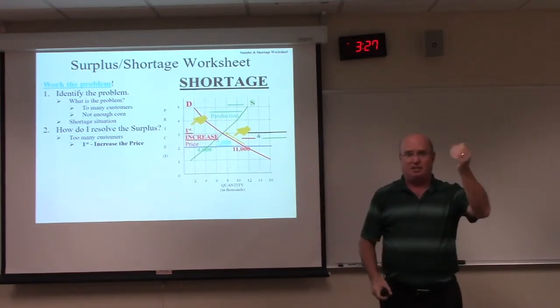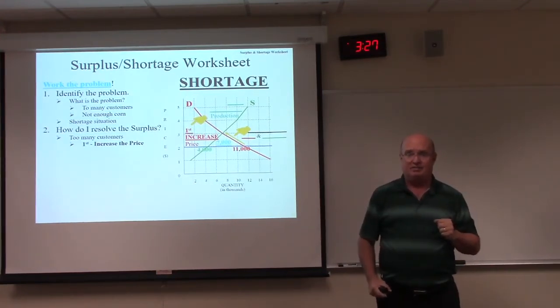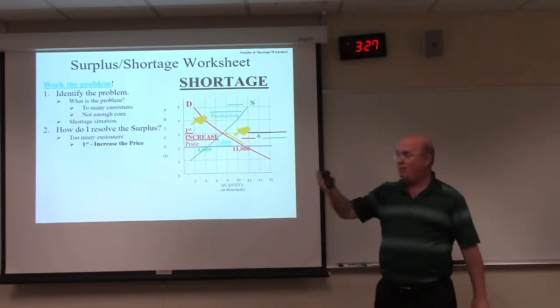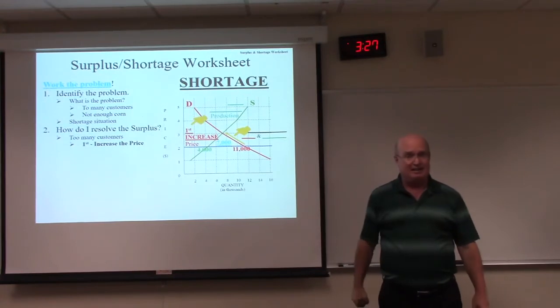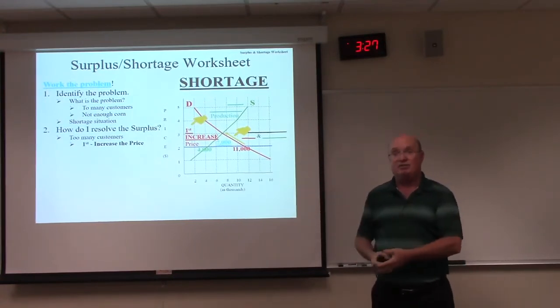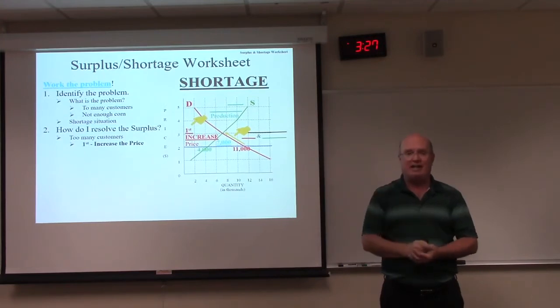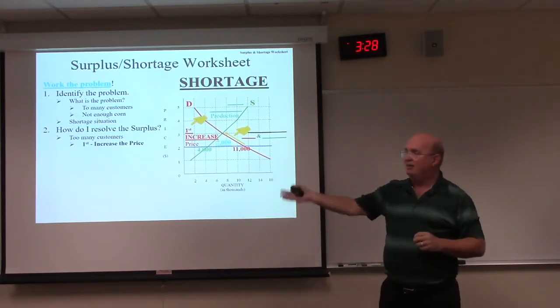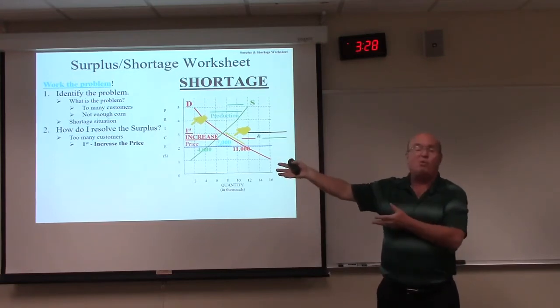I raised the price a little bit on Tuesday. It's noon before my inventory's gone, but I still have people there with money. So on Tuesday, I raised the price. I still got people wanting to give me more money. Wednesday, I raised the price again. People are still there. Maybe it's 1 o'clock now.